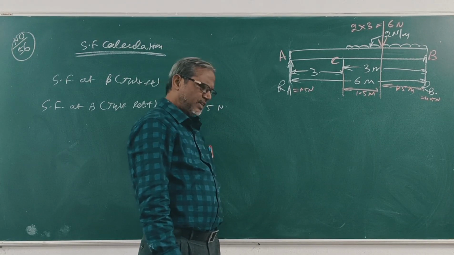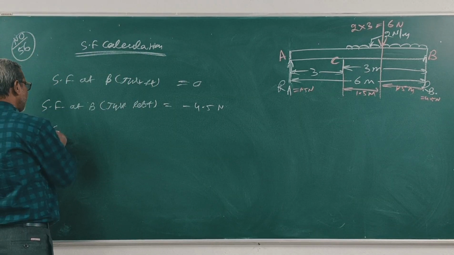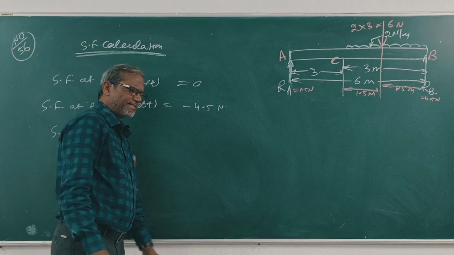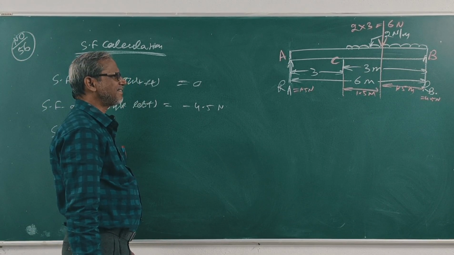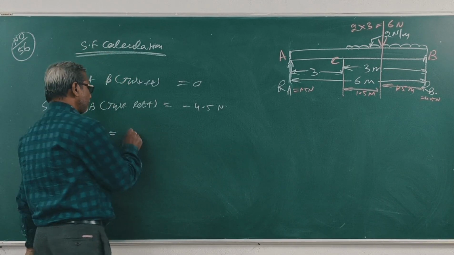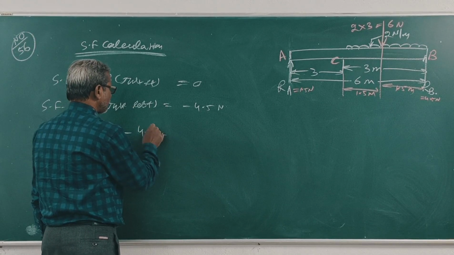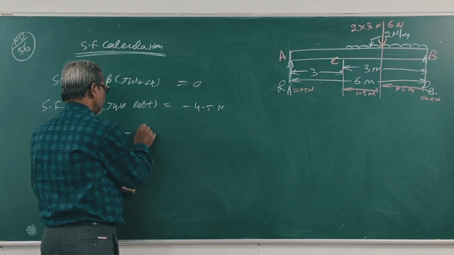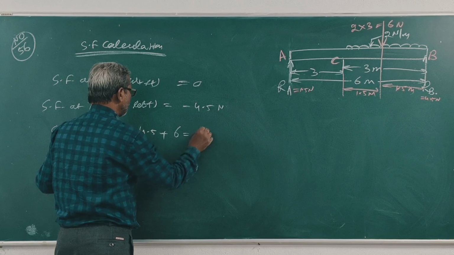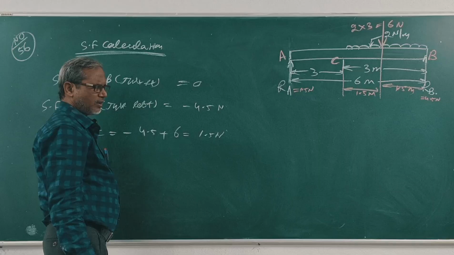Then shear force at C is minus 4.5 plus 6, that is 1.5 Newton. Clear?